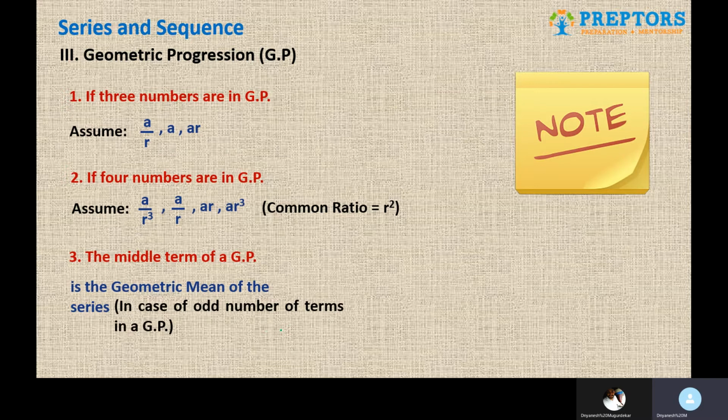Why so? Because an odd number of terms will give you a unique middle term, and hence we apply this note only for an odd number of terms. Only then you get a unique middle term, and that can be the geometric mean of the entire series.